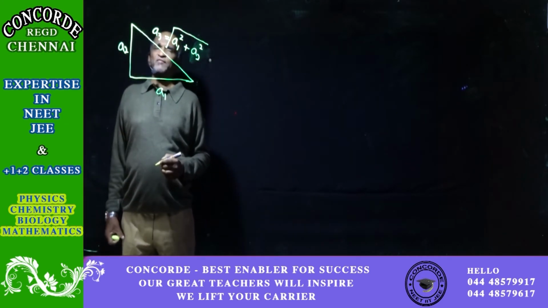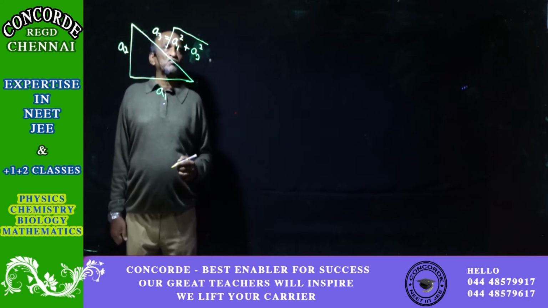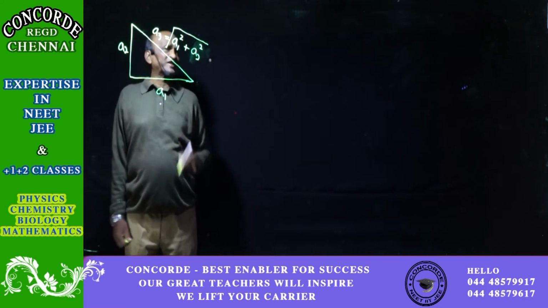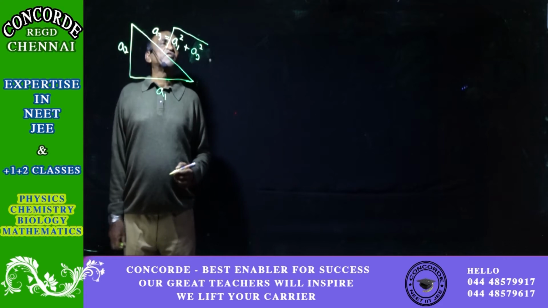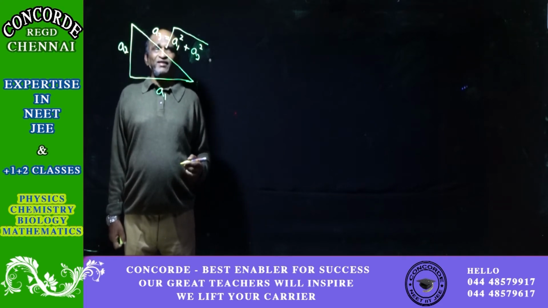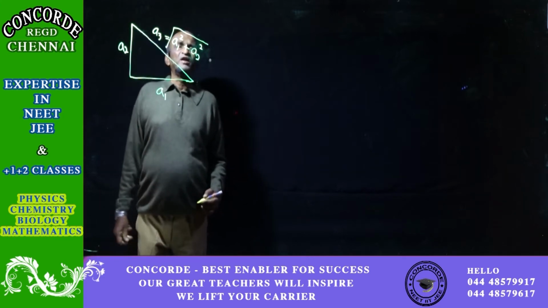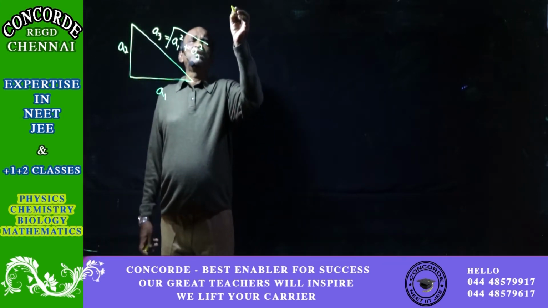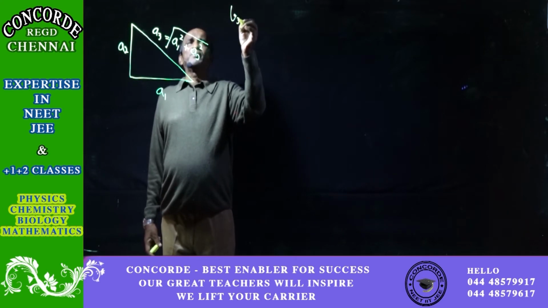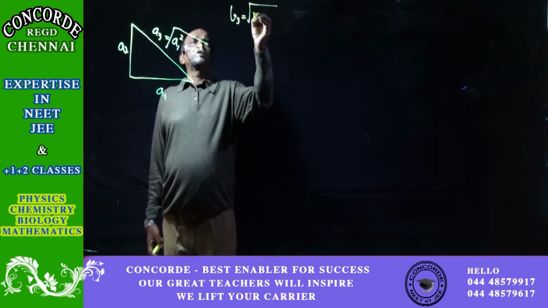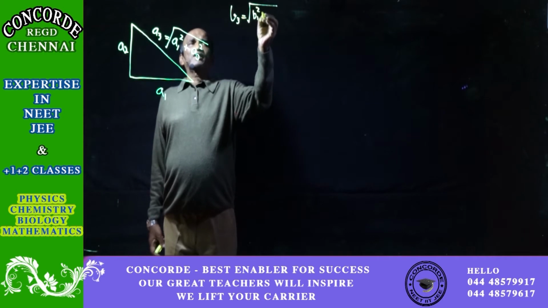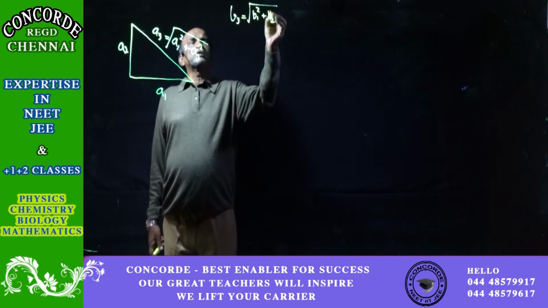So like that, if we take another line for all the three directions, and name the three different lengths as B1, B2, B3 and so on, we will then get B3 equal to the square root of B1 square plus B2 square.